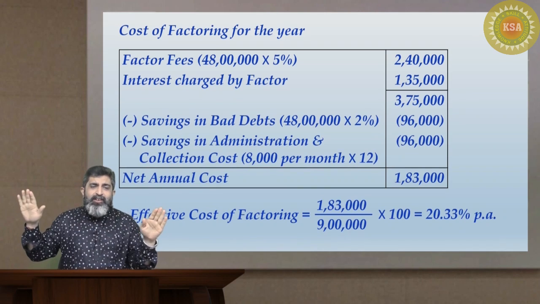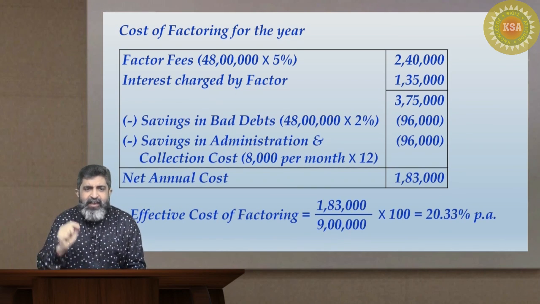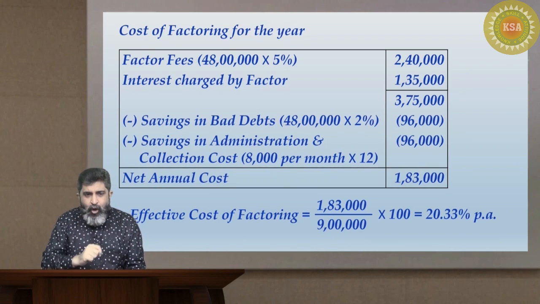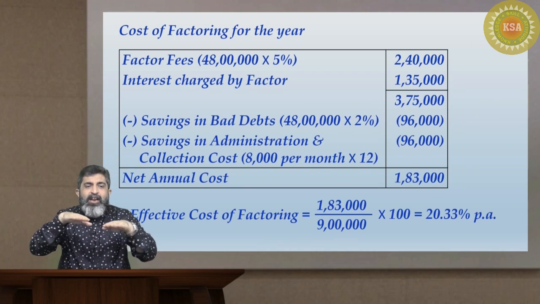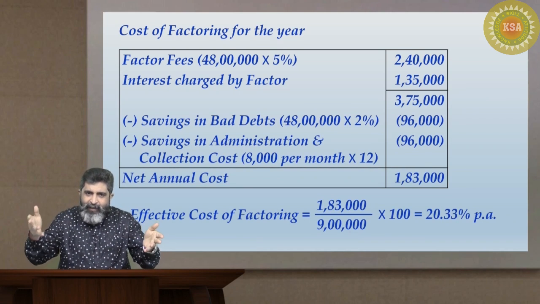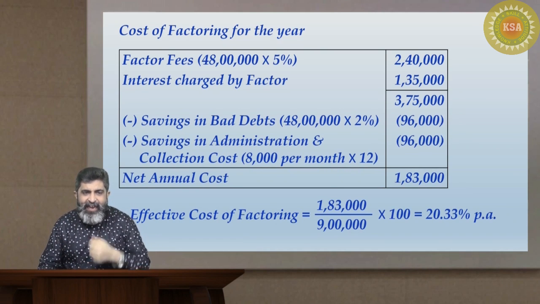That is a wrong notion. Why is it wrong? The factor will never give you 36 lakhs. What is your average balance of debtors? 12 lakhs. The factor is never advancing a penny more than 9 lakhs.